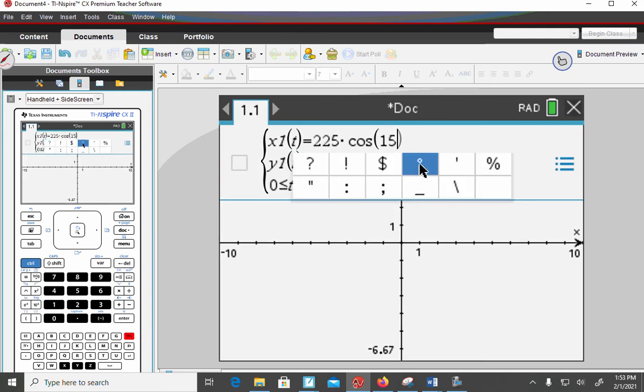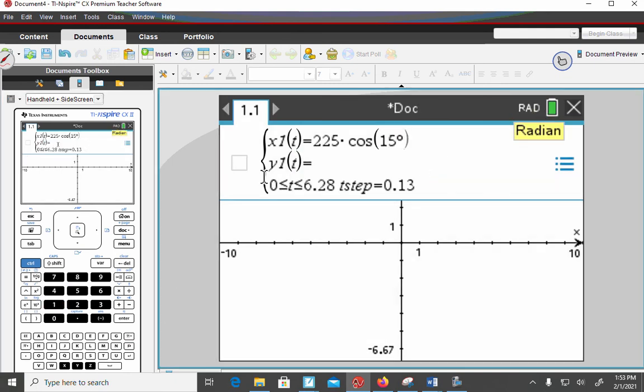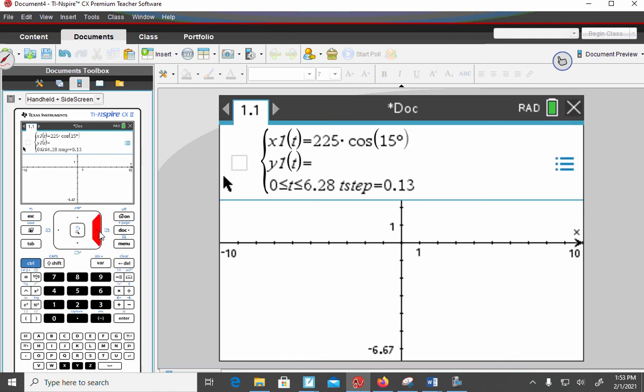I'm putting in a degree symbol because my calculator is set in radians. Going outside the parentheses, I'm going to then multiply it by t. That's the biggest mistake, is forgetting that t. Because this is like f of x, or in this case x1 of t. You need to have that variable t in here somewhere.